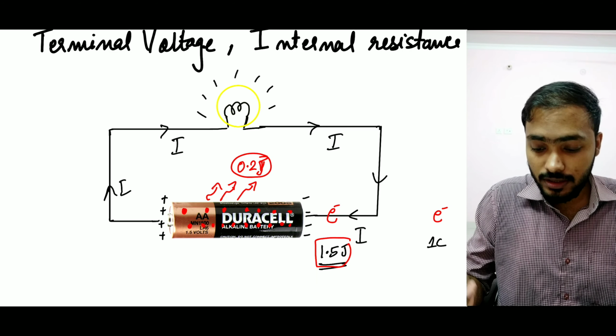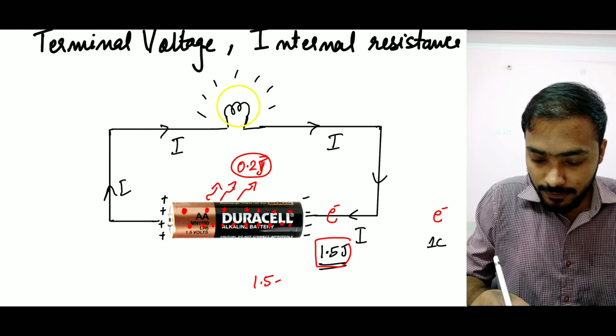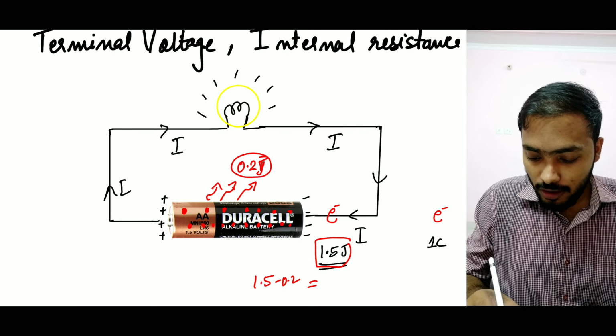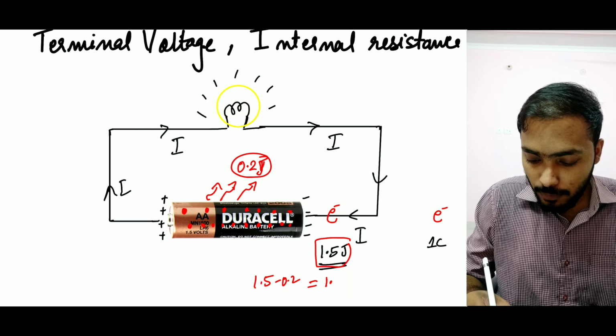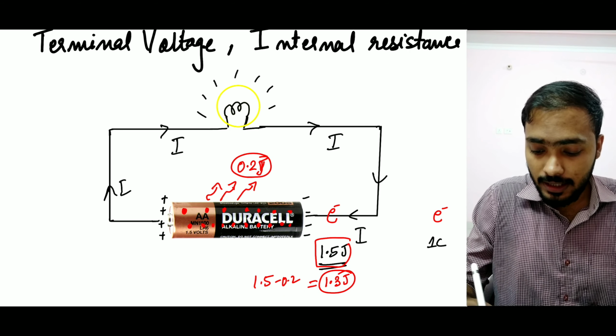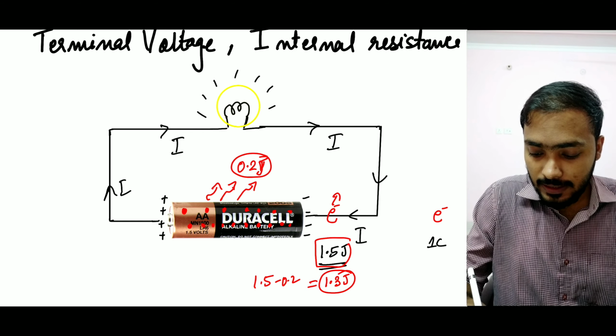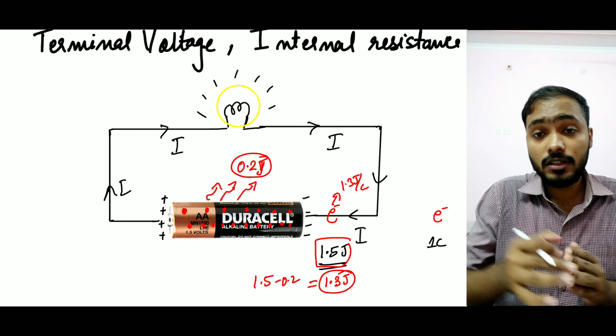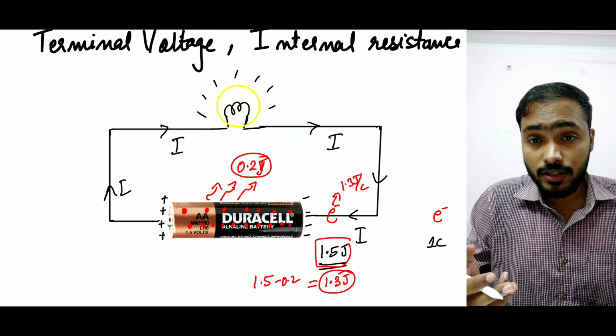The energy will be 1.5 minus 0.2, or simply 1.3 joule. Yes or no? In other words, this electron will have 1.3 joule per coulomb. That is, if it is a 1 coulomb charge, it will gain 1.3 joule of energy.